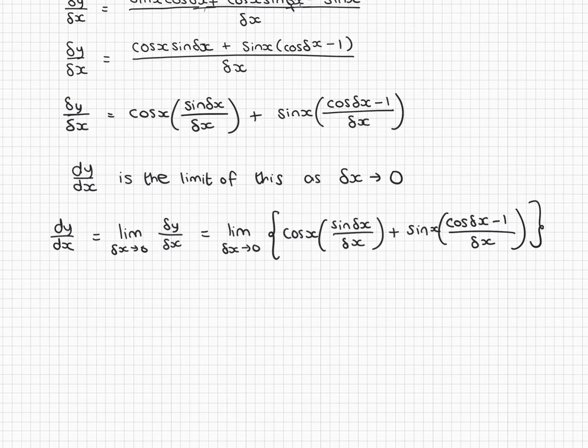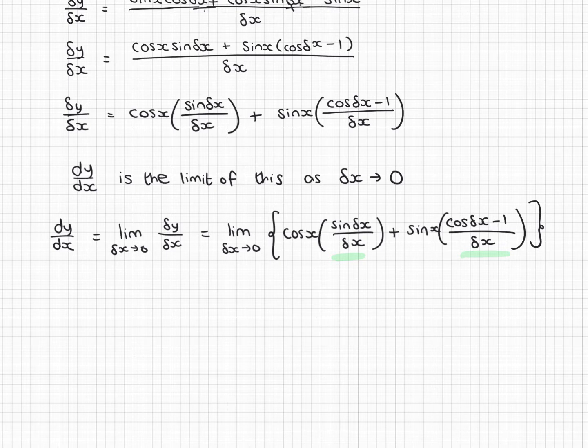As delta x goes to 0, that's only going to affect the bits with delta in them. So it's only going to affect these bracket bits here and here. The sine and the cos aren't going to be affected because they're nothing to do with the delta part.